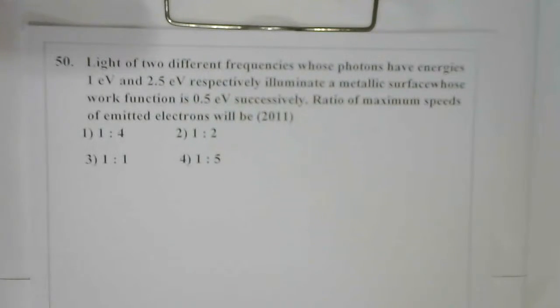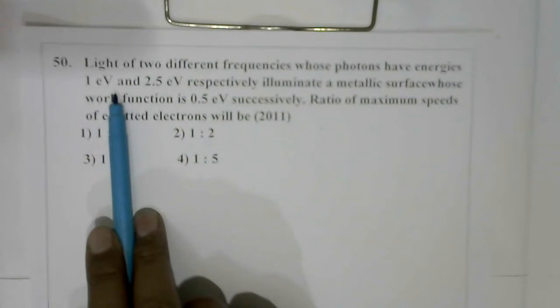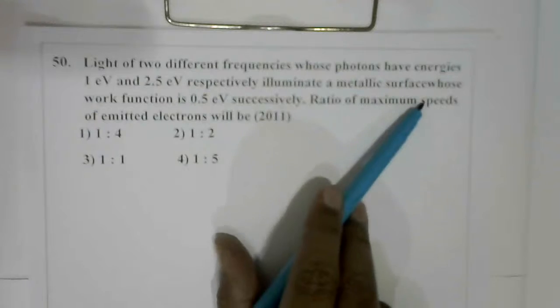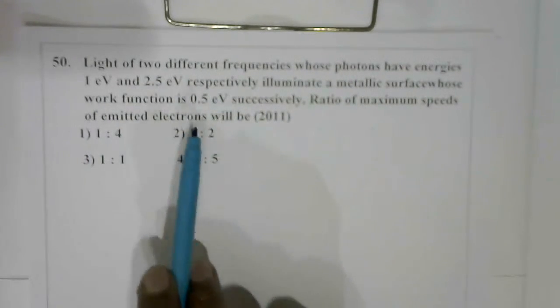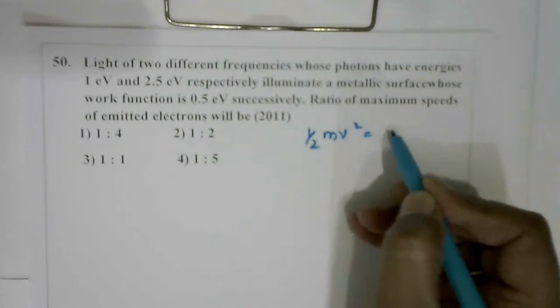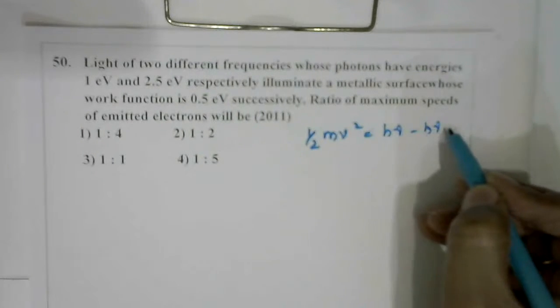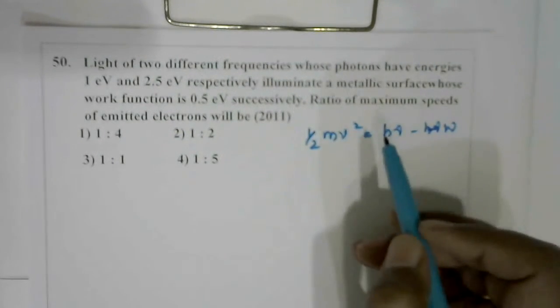Well, the next question is: light of two different frequencies whose photons have the energy 1 electron volt and 2.5 electron volt respectively illuminate a metallic surface whose work function is 0.5. The ratio of maximum speeds is? So we have the equation half m v squared equals h nu minus h nu naught, or directly the work function.